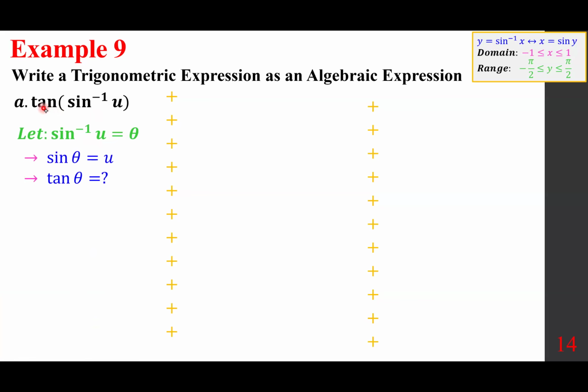So tan is sine over cosine. This is actually easier. Sine, we have it. Cosine is square root of 1 minus sine squared, and it's positive.